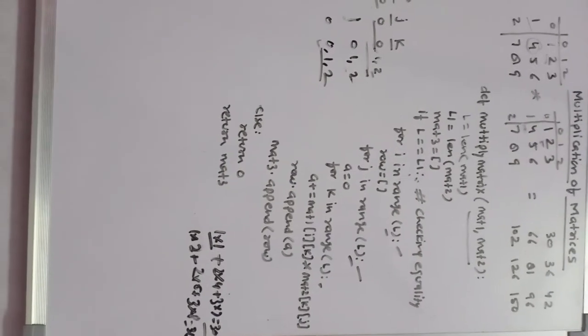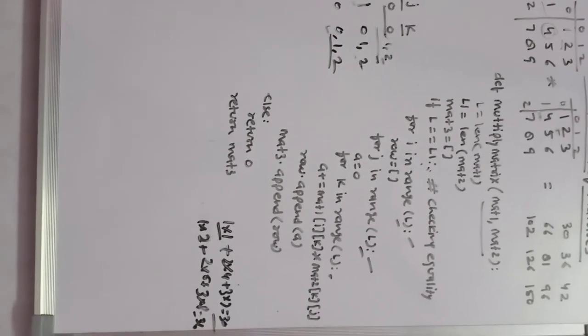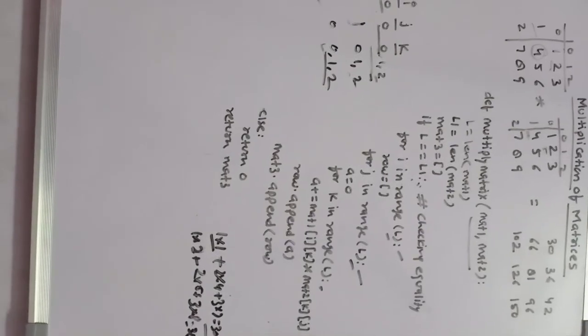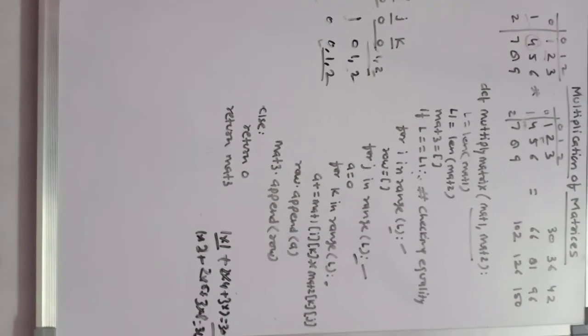Loop J is placed here to change the column, and K is the operational loop which is used to multiply and add to create the multiplied element of the result matrix.